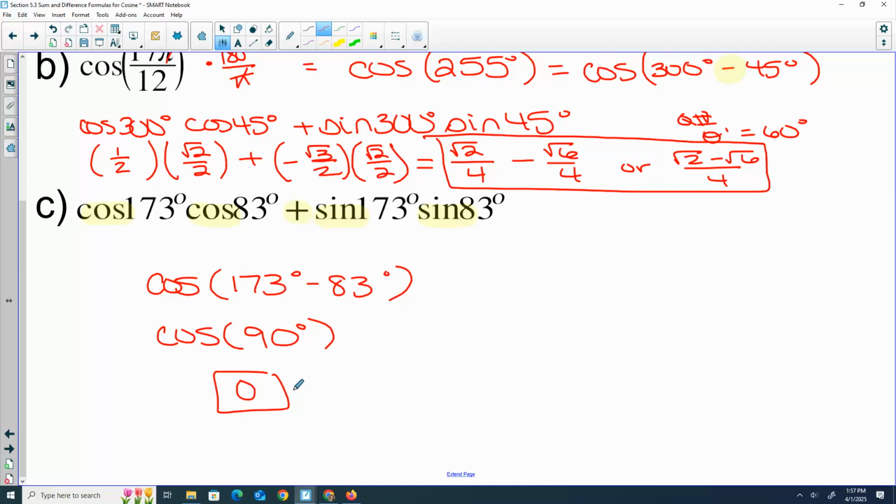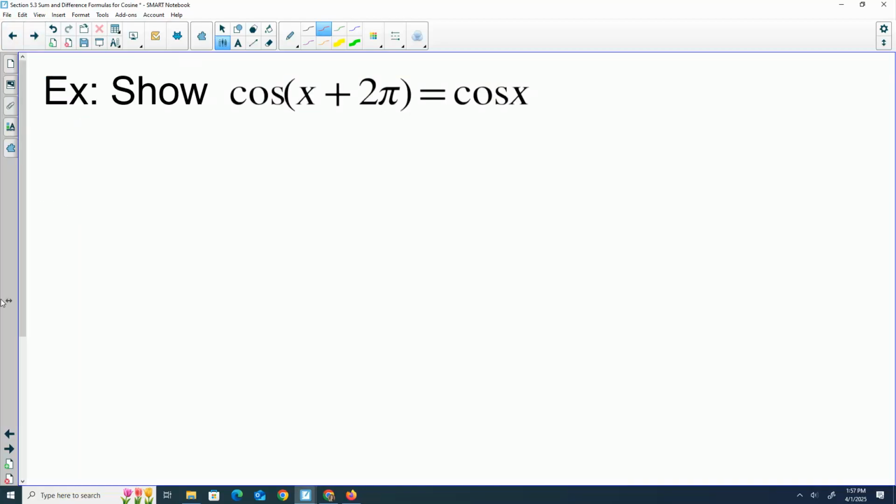How are we doing with these so far? We could have proofs involved in these, so let's take a look at one of those.